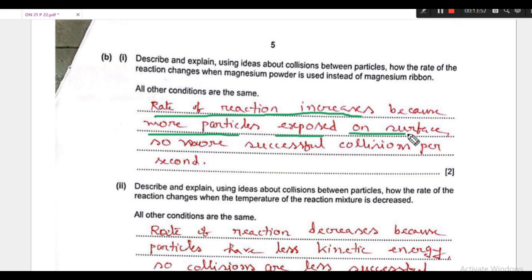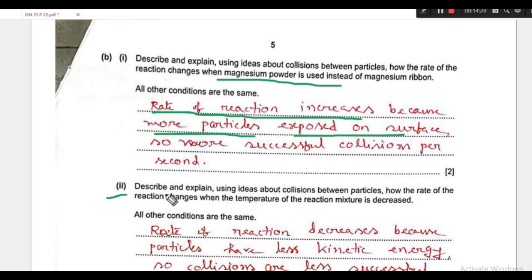If surface area increases, more particles exposed on surface, so more successful collisions occur per unit time. So if magnesium powder is used, rate of reaction increases because more particles are exposed on surface, so more effective collisions occur per unit time.